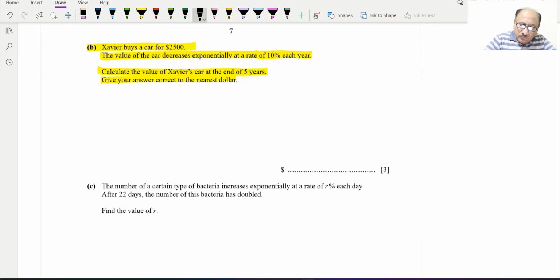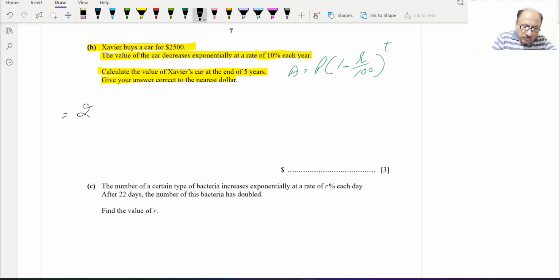So principal amount, compound interest formula: amount is equal to P into 1 plus R over 100, to the power n. This is in case of appreciation or increase, but now it is an exponential decrease, so minus, and the same formula we'll be using.